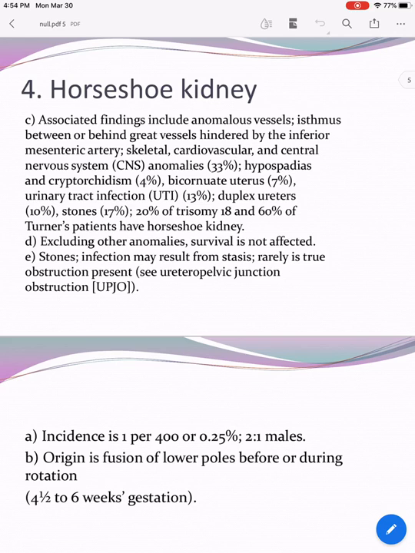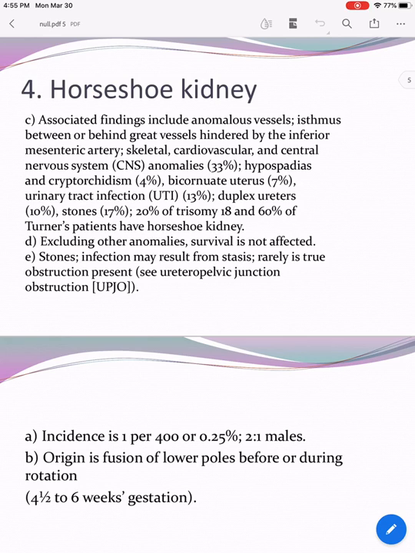So when we see these pictures on IVU, there is a high suspicion of horseshoe kidney, and we can be quite sure with the use of CT scan, because with CT scan we can detect the presence of the isthmus between these two kidneys.